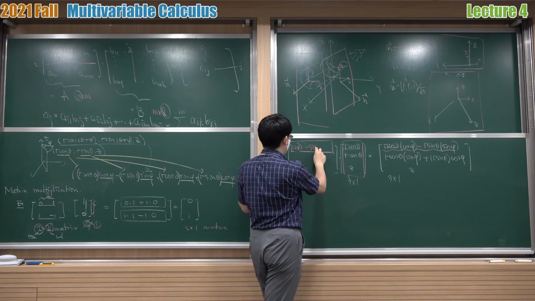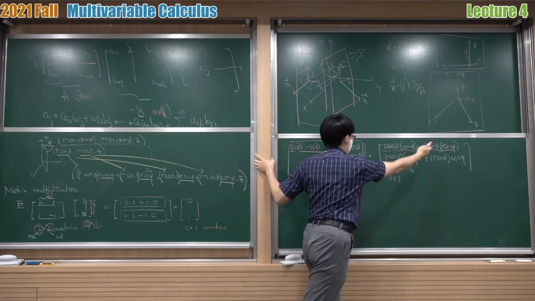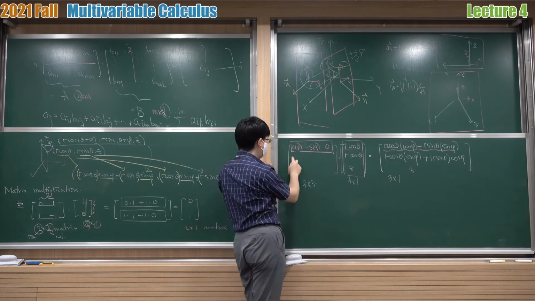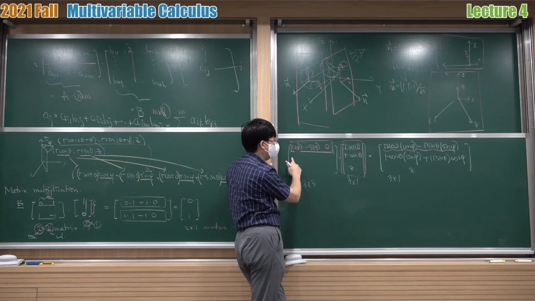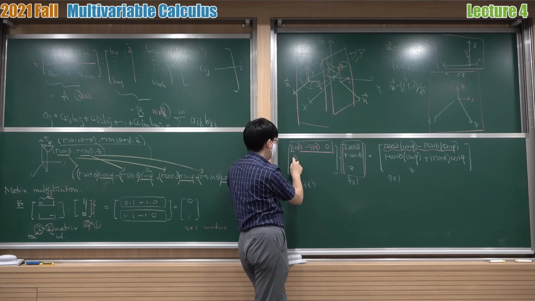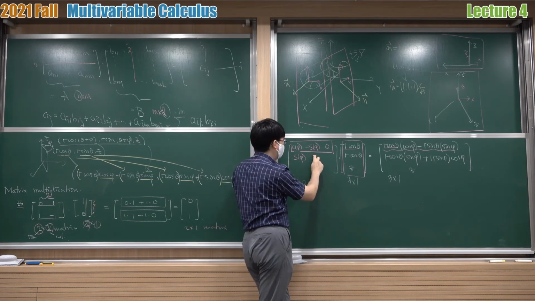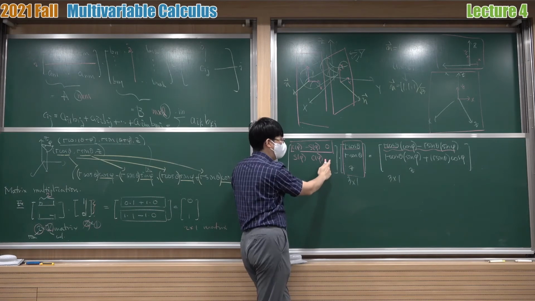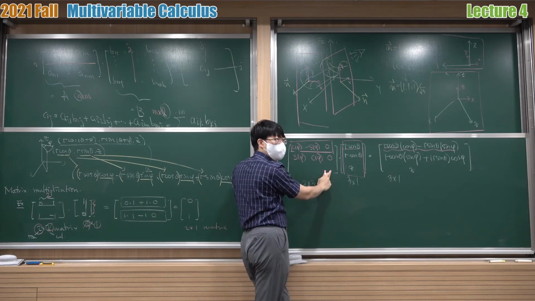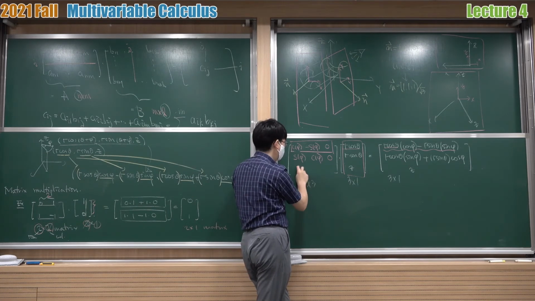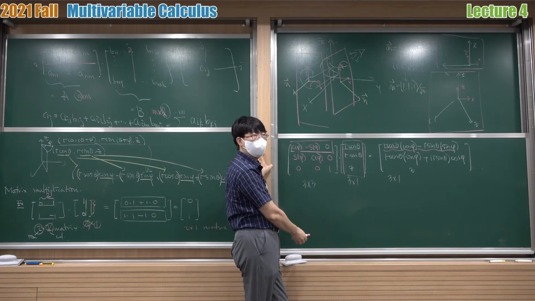Minus sine phi. How about the third? 0. We don't have z here, so 0. How about the second row? Sine phi, cosine phi, 0. How about the third row? 0, 0, 1. Great.